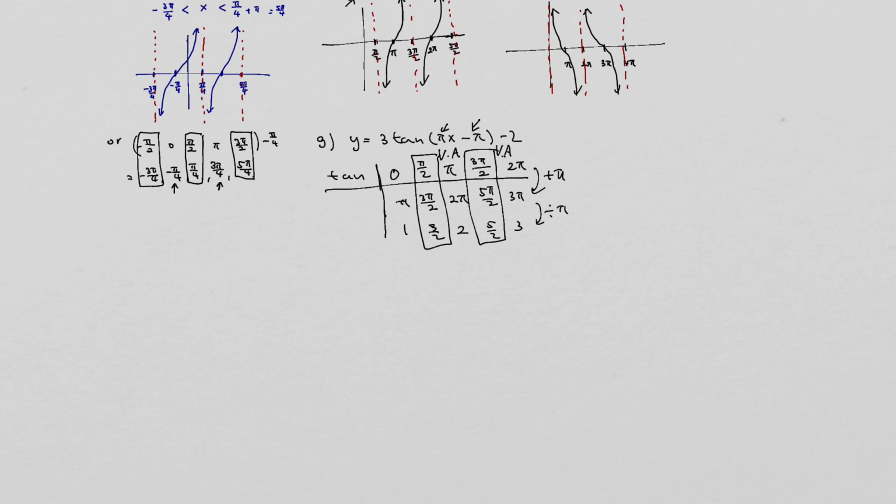So when you're graphing it, it should be 1, 3 over 2, 2, 5 over 2, and 3, right? Let me just mark all those points. But then also you have this minus 2.